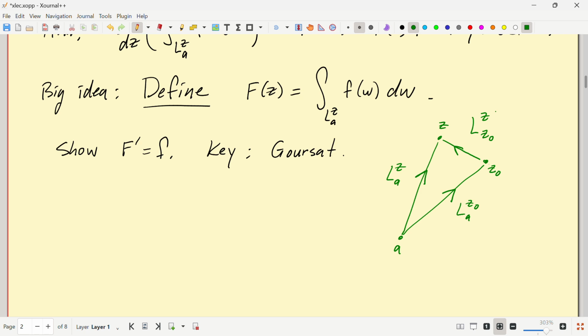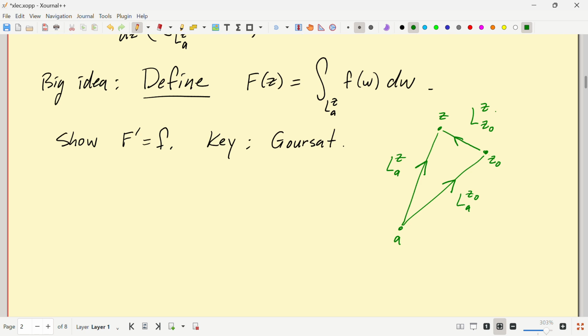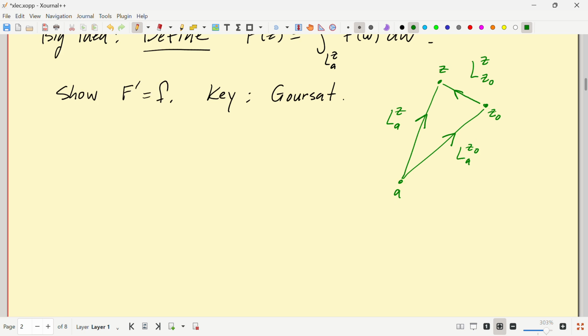Let's see. What does Goursat's theorem tell us? If we go around this triangle, we get 0. Okay, so let's go around the triangle. So Goursat says: the integral from a to z naught, plus the integral from z naught to z, plus, I'd have to go backwards, minus the integral along L from a to z.